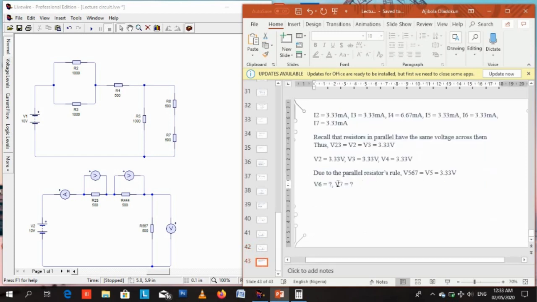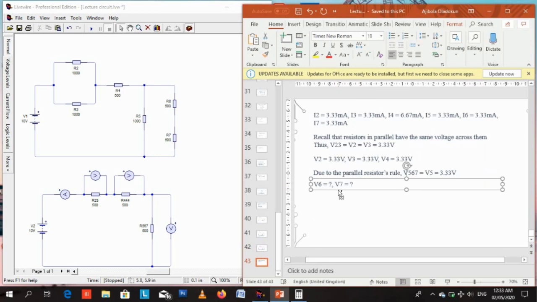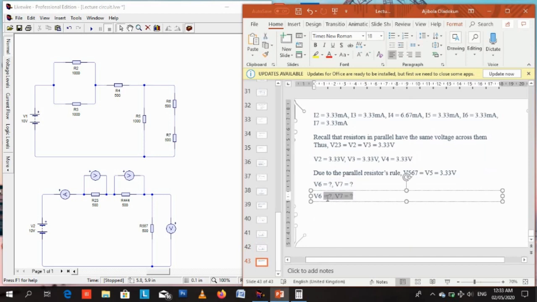The reason is that voltage across resistors in series are not the same. Remember that it's only the current through resistors in series that is the same. The voltages across resistors in series are not necessarily the same. They could be the same in some instances, but generally they are not. So we can't assume that it's the same voltage across V6 and V7 because they are in series and not in parallel.